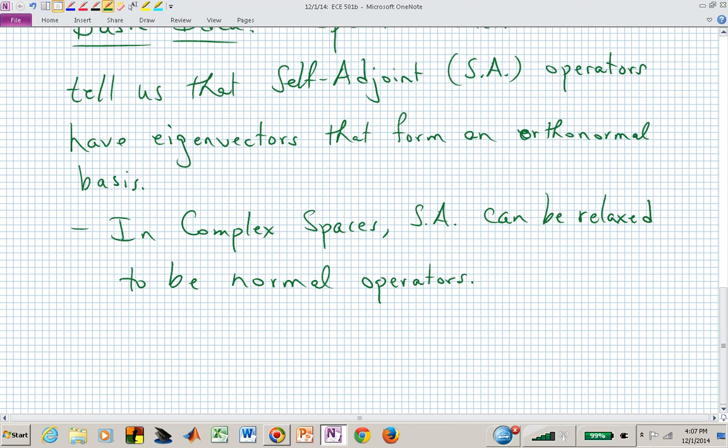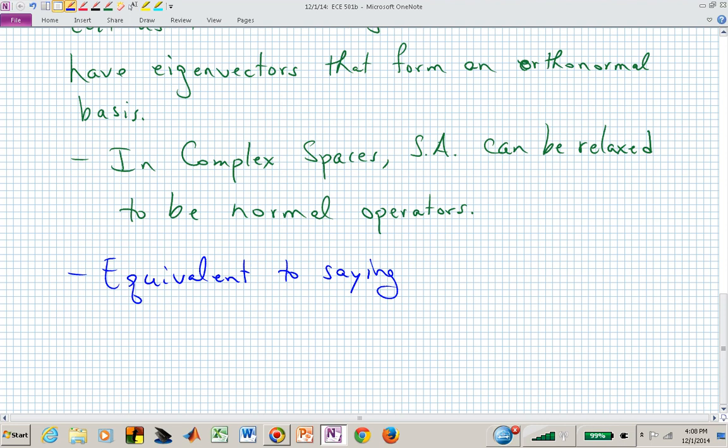with complex spaces. If we have an orthonormal basis, that's really equivalent to saying that we can actually decompose our underlying vector space V into a direct sum decomposition of one-dimensional subspaces.